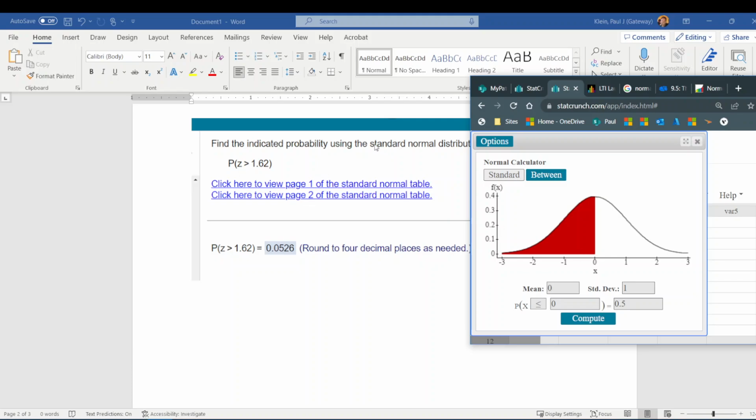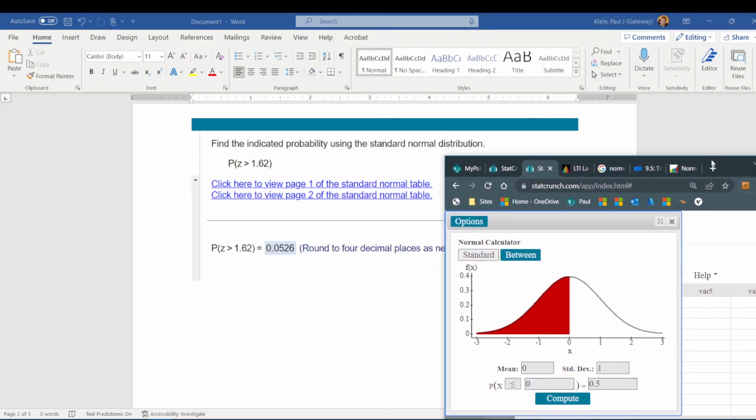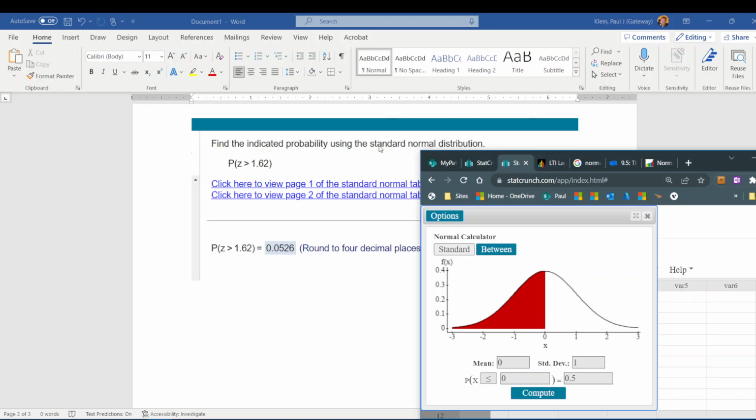If it says standard normal, or it has a Z, then you automatically put 0 and 1 in those 2 boxes. If it doesn't say standard and it says X, then you type in the numbers that they have. So we got 2 out of the 5 done.